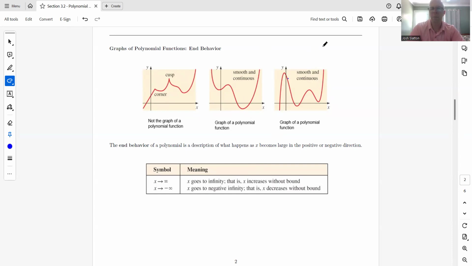If you think about an exponential function, which we did talk about a little bit, it looks like this. In this part it goes to zero, and it does go to positive infinity in that direction. But polynomials, when we look at the ends, always go up to infinity or down to negative infinity, one or the other.